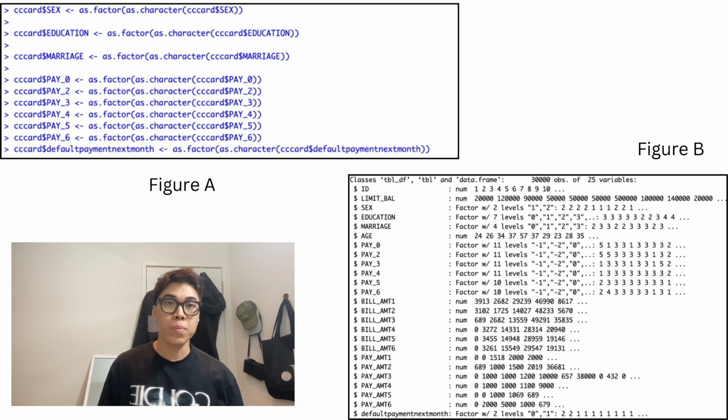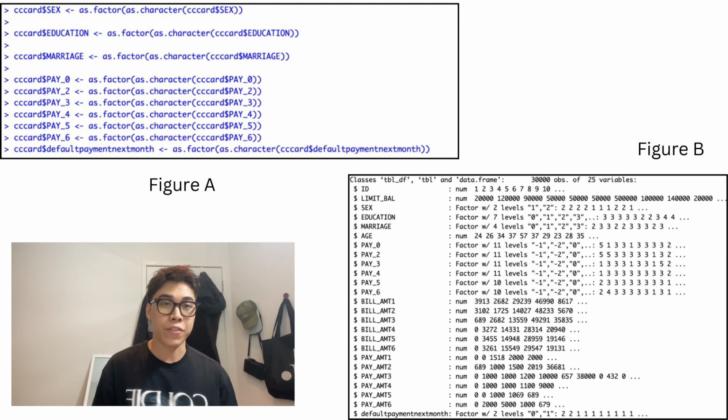First of all, to make it easier to build models later on, we need to transfer some of the variables into factor data type. So you can see in figure A, we already transformed some variables such as sex, education, marriage, pay 0 to pay 6, and default payment next month to factor data type.